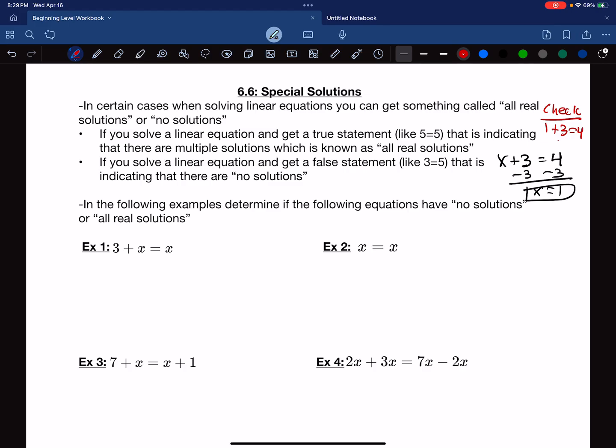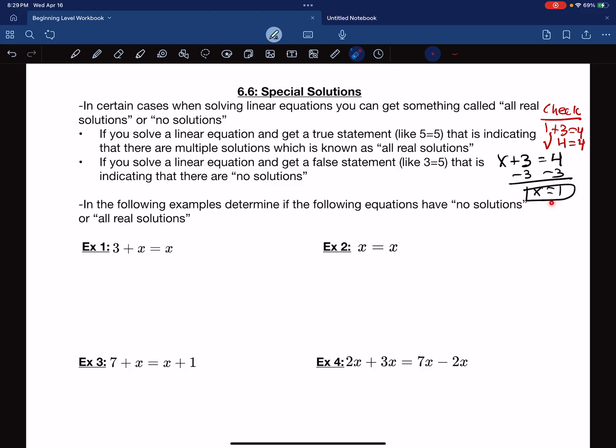If we add 1 and 3, we get 4. And 4 does indeed equal 4. So once we checked our solution, we got a true statement, 4 equals 4. We know for sure that this is a solution.